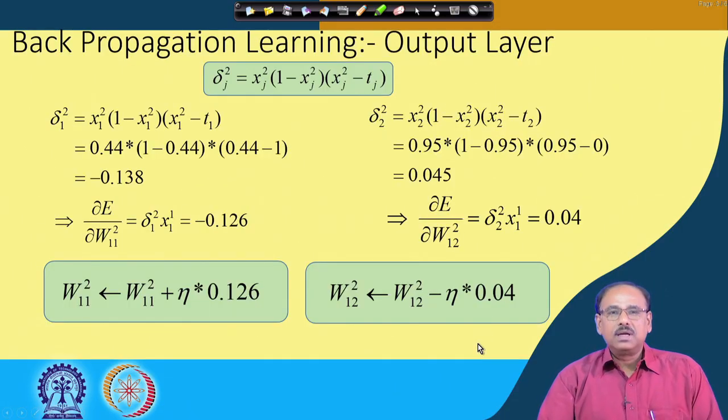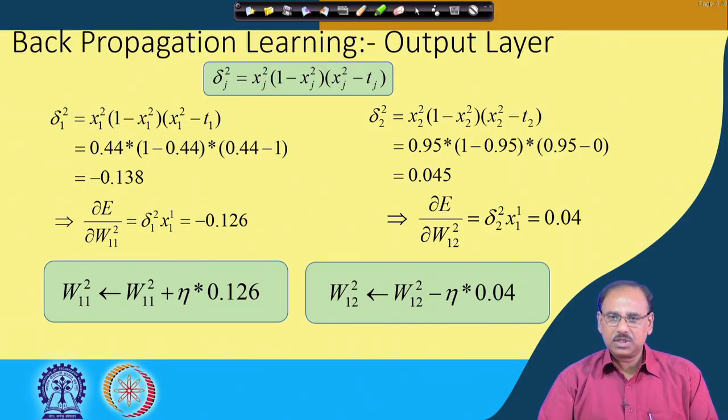So, this del E del W 1 1 2 is delta 1 2, which is minus 0.138, multiplied by x 1 1, that gives you minus 0.126. And in the same manner, del E del W 1 2 2, which is delta 2 2 times x 1 1, becomes 0.04.